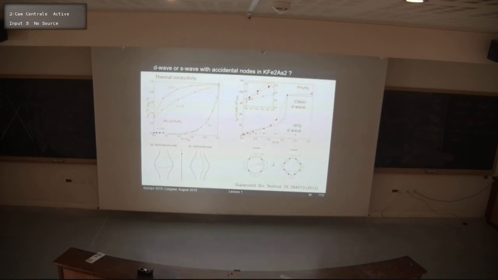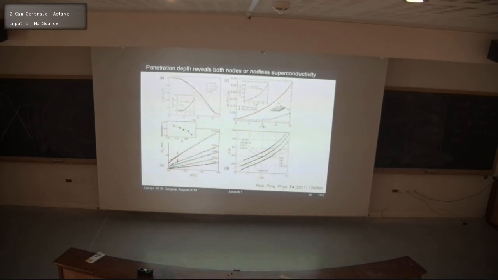but depending on the system, this is thermal conductivity, can be described either as a clean d-wave or potentially s-wave with lots of accidental nodes. Similarly, penetration depth shows linear dependence, which often suggests the presence of nodes, and other systems show there are no nodes there.